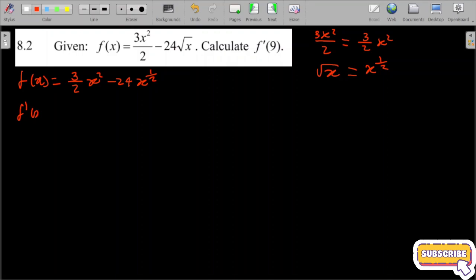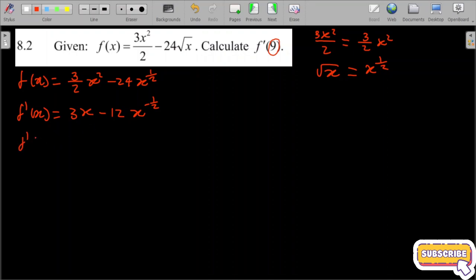Remember, this times this is going to give me 3x, and then 24 times 1 over 2 is going to give me a negative 12, and then 1 over 2 minus 1 is going to give me x to the power negative 1 over 2. And then I'm not done here. After doing this, they told me I'm looking for f'(9).